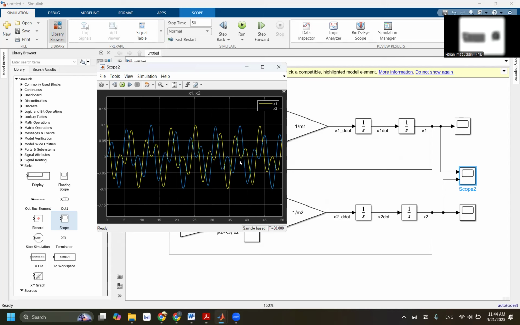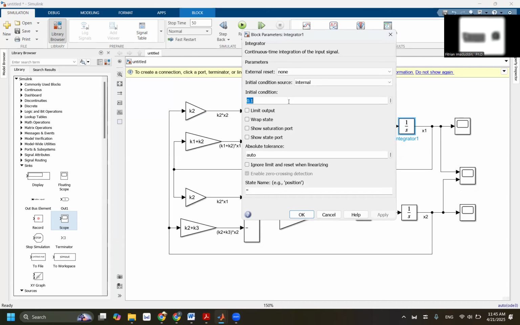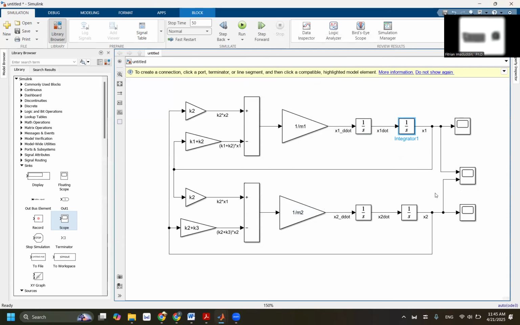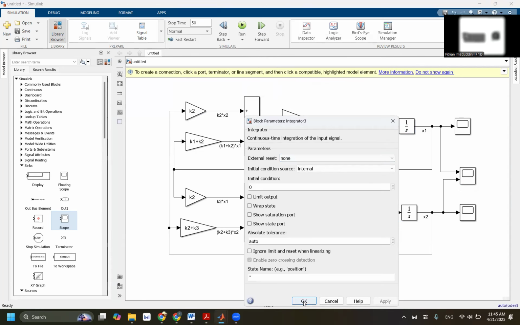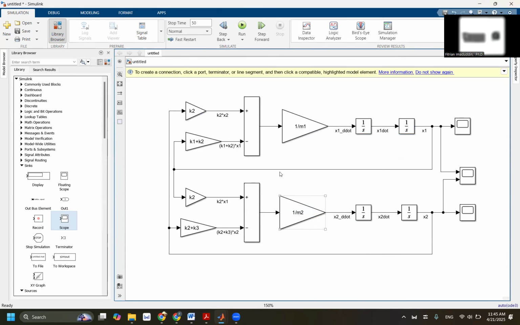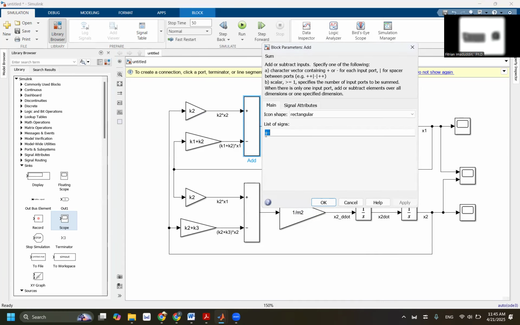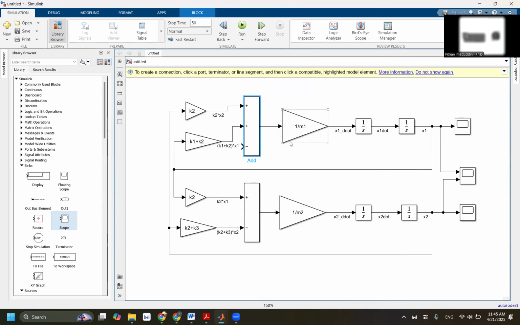So adjusting from free vibration to forced vibration, I'm going to put back the initial condition to 0, assuming that we don't have any initial condition. This is also 0. But we need to have something more here. This is minus. This is plus. And this should be the forced vibration.